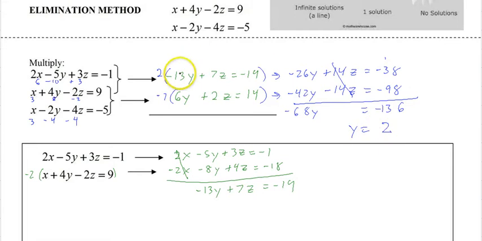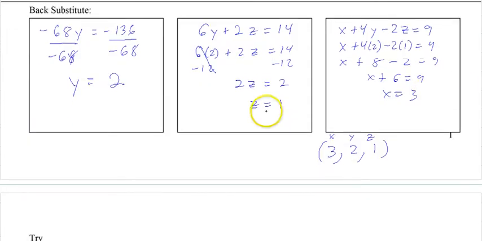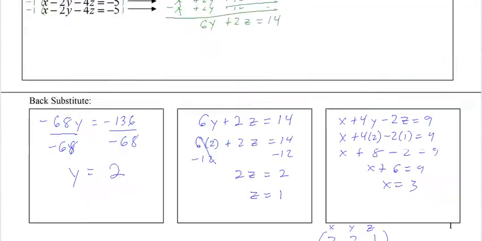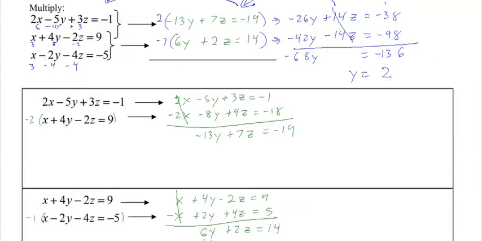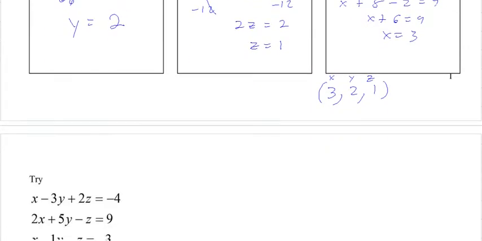We can then plug it into either of the equations, which will give us a z, and then we'd have two letters, which we can plug back into any of our original equations. That will give you all three. So it's eliminate, eliminate, solve.